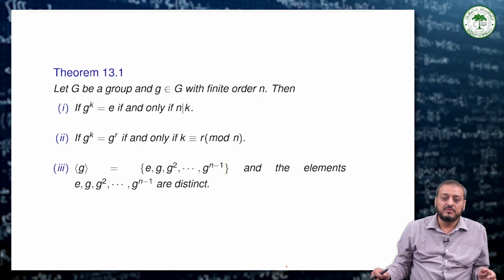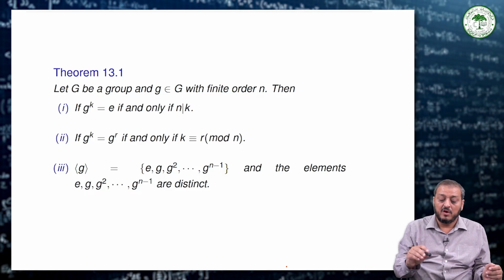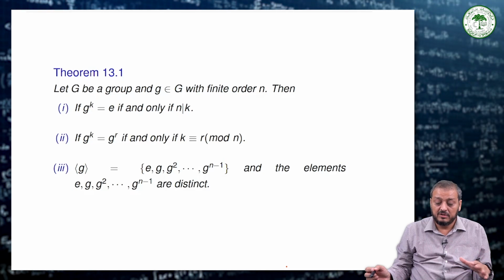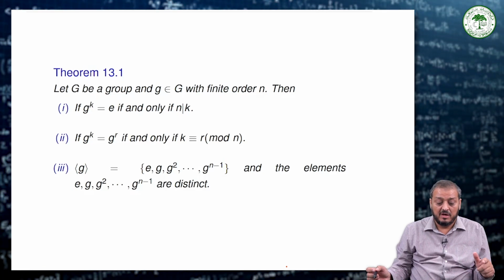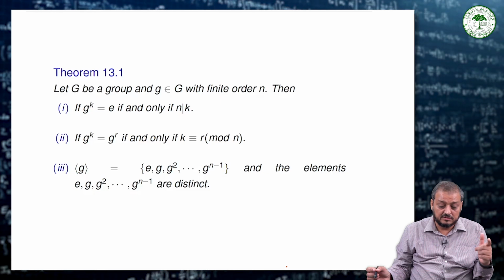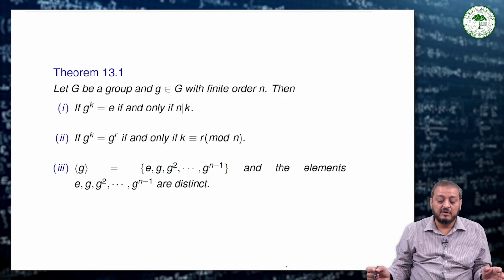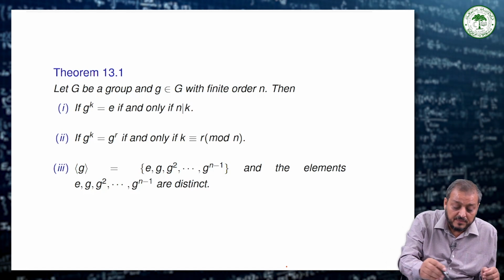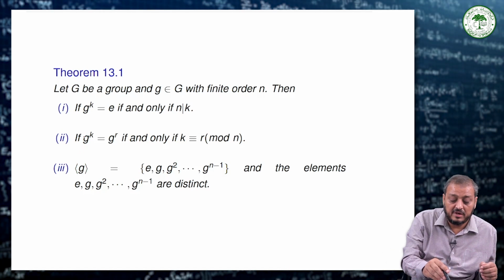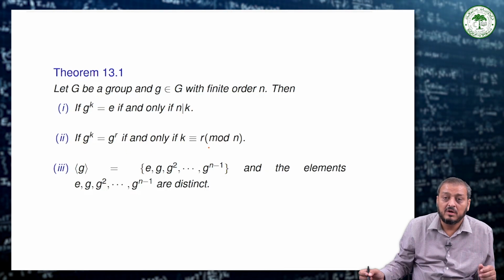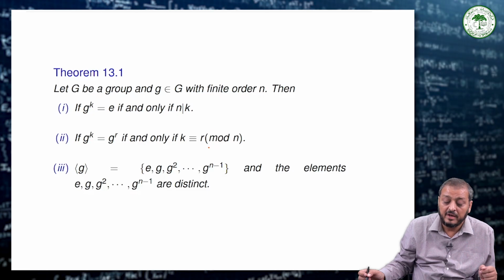So the theorem is: let G be a group and a be any element of G with finite order n. Then a^k is equal to identity if and only if n divides k. Also a^k equals a^r if and only if k is congruent to r mod n.